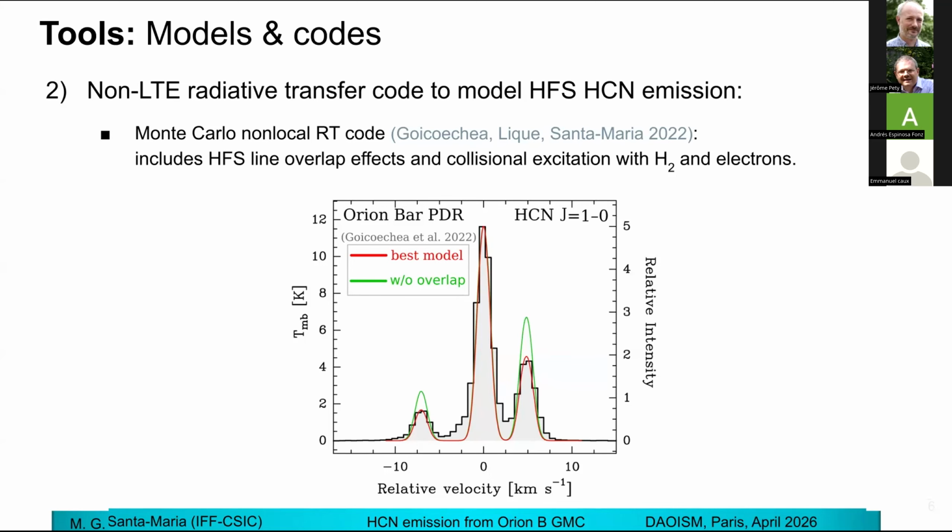So for a single rotational line, we don't have a single component, but we have a splitting of the line, with different hyperfine structure components. And then we also use new collisional excitation rates, both for H2 and electrons.